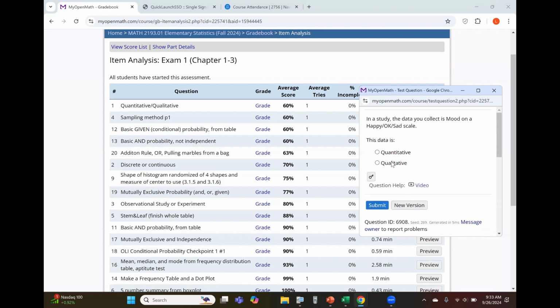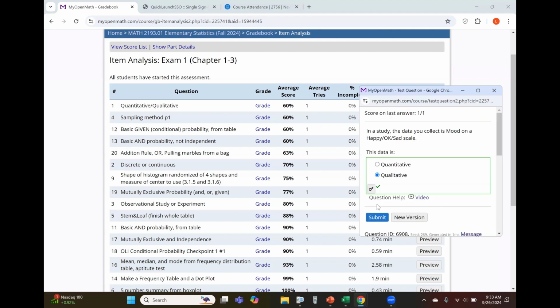But you can see, so this one, happy, that's qualitative. Usually in this particular question, they would give you a number, or they'd have the word number in there, or they're measuring something that's quantitative.